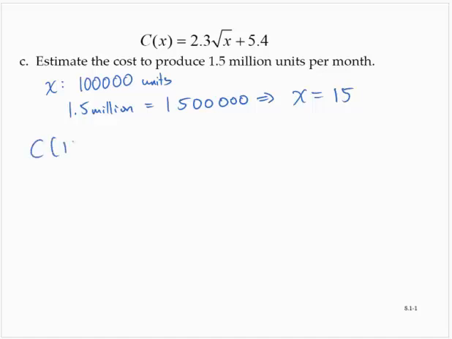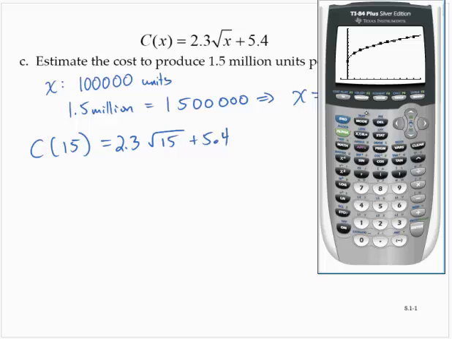So then C of 15 would be 2.3 times the square root of 15 plus 5.4, which is approximately 14.31.